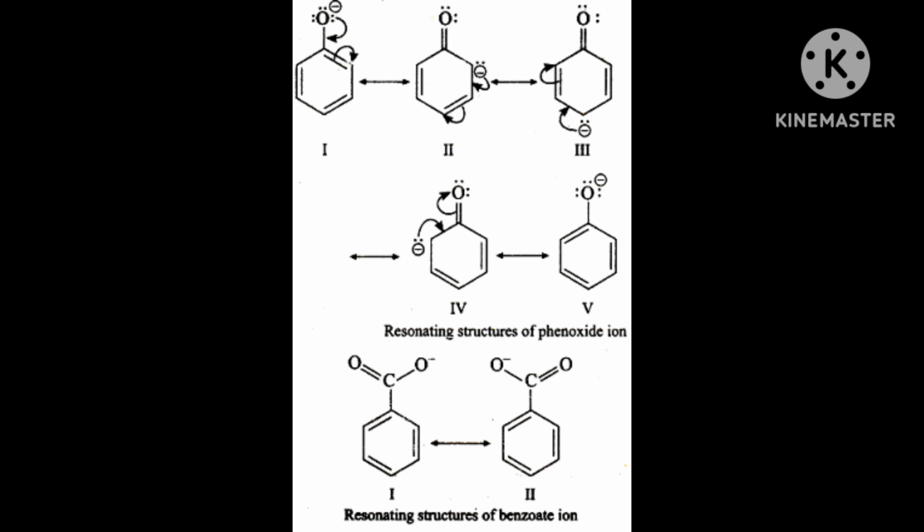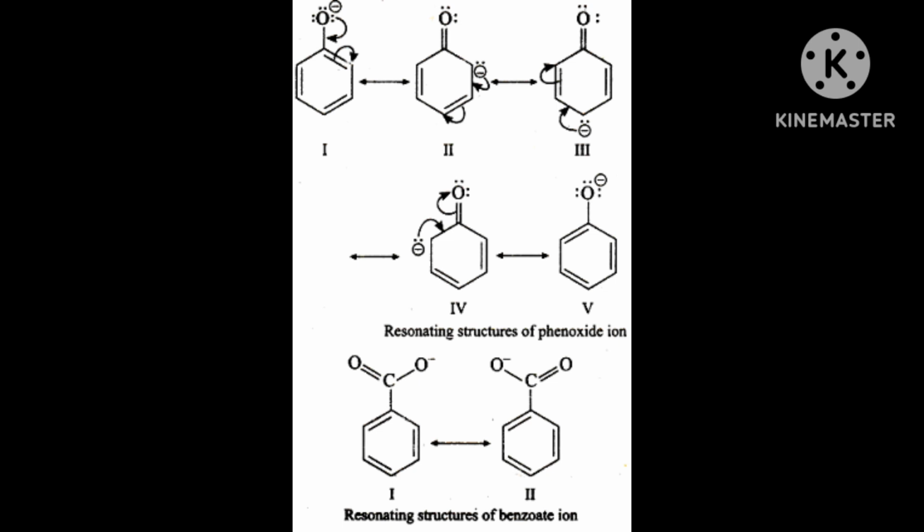Now we can see the stability of alkoxide and phenoxide. Which one is more stable? Now I am going to discuss that, out of alkoxide and phenoxide, which one is more stabilized?